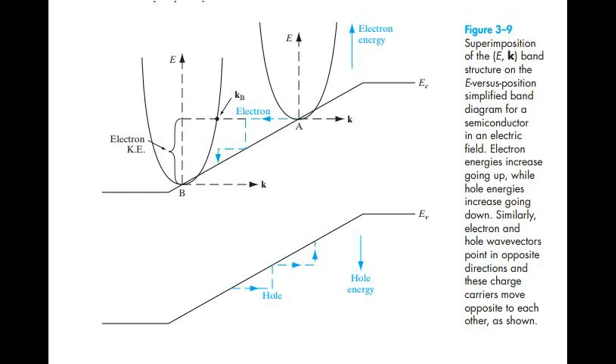Figure 3.9. Superimposition of the E, K band structure on the E versus position simplified band diagram for a semiconductor in an electric field. Electron energies increase going up, while hole energies increase going down. Similarly, electron and hole wave vectors point in opposite directions and these charge carriers move opposite to each other, as shown.